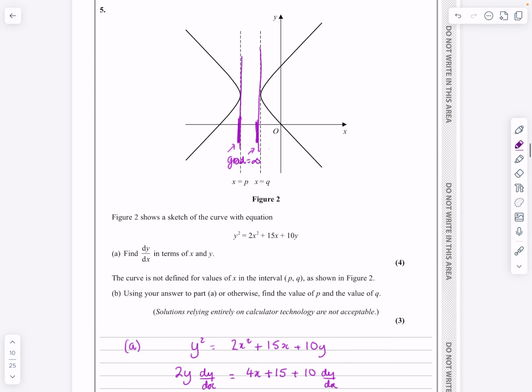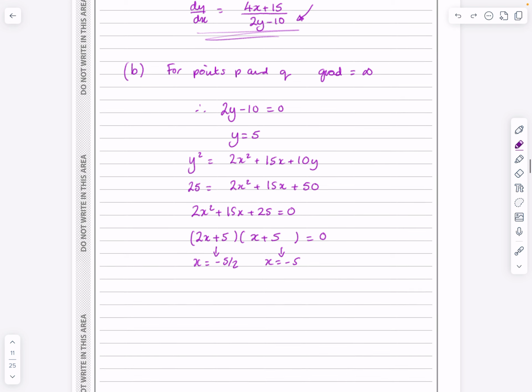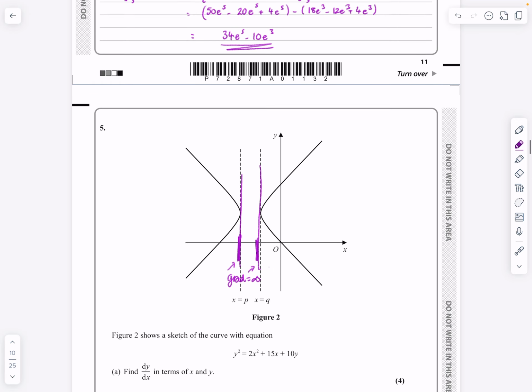And going back, so when we're looking at these two, P is the furthest one to the left, isn't it? So we're going to get that P is equal to minus 5 and Q is equal to minus 5 over 2. So hopefully that all makes sense to you.